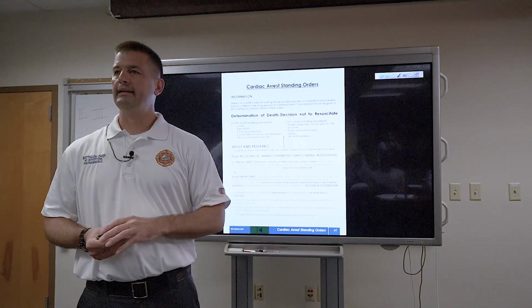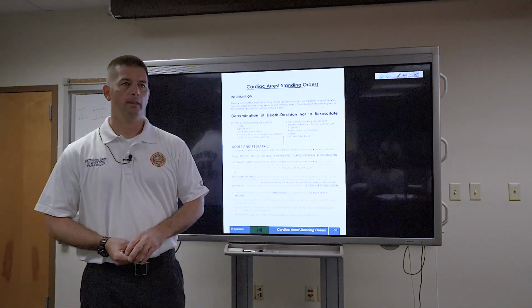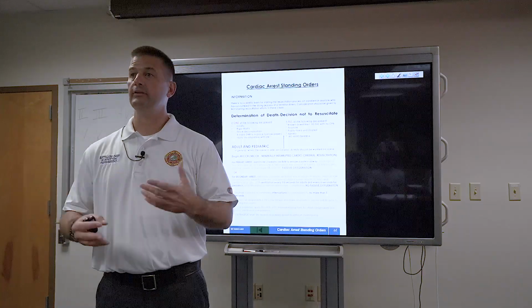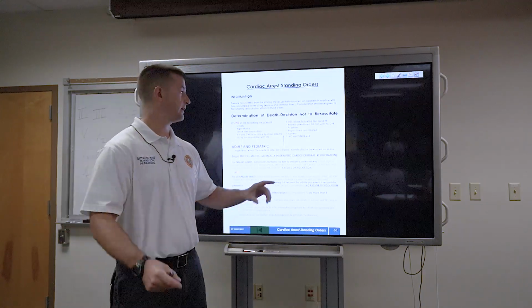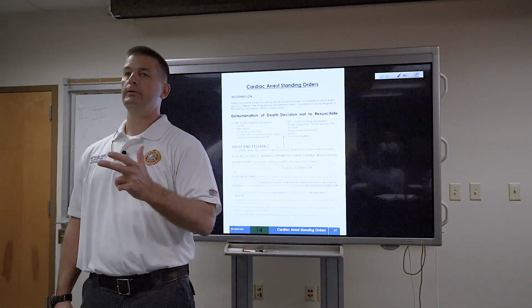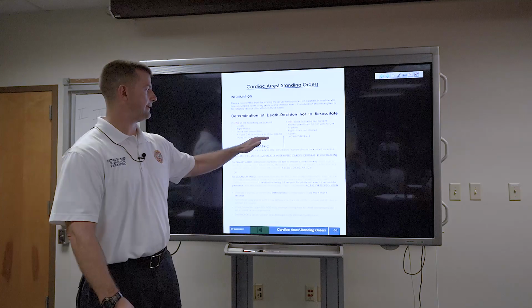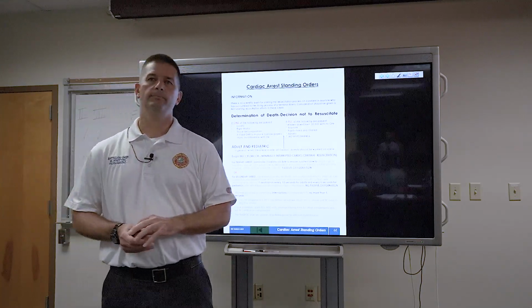So when you're reading this, think about a patient with an unknown downtime, but we reasonably believe it's been more than 30 minutes with no CPR administered. The patient is asystole and has fixed dilated pupils. Those are the keys. We added apnea, but that's probably assumed.